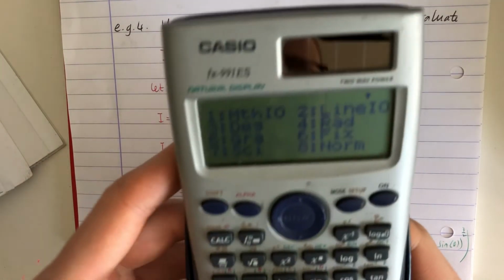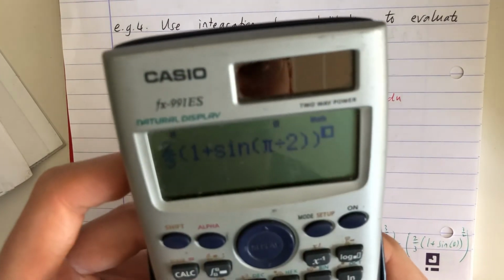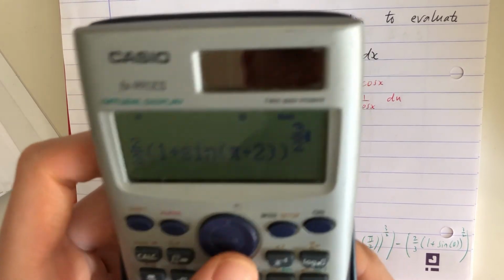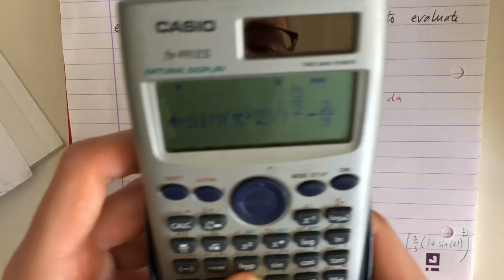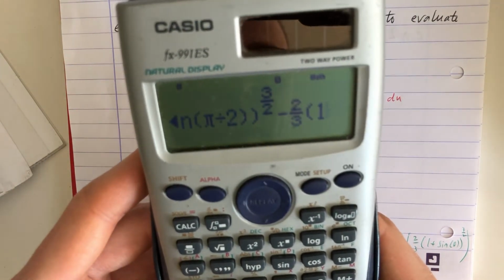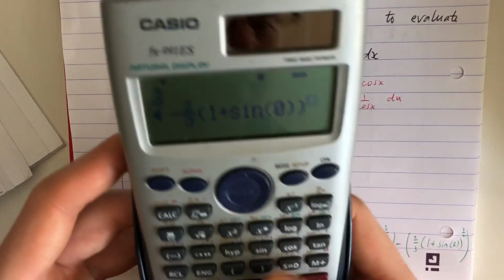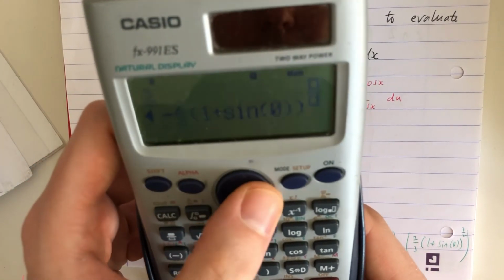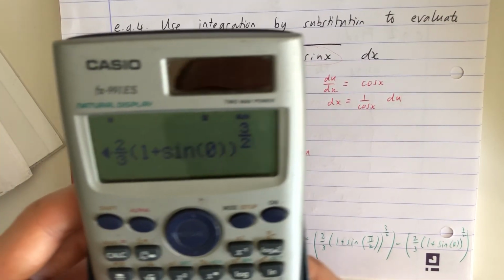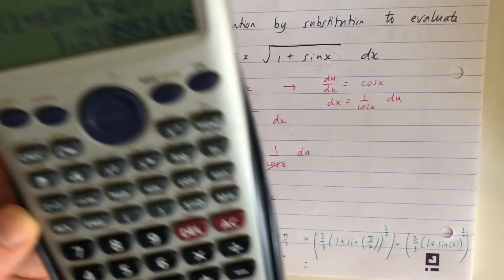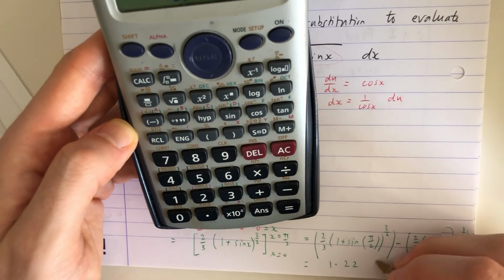I'm in degree mode, switch to radians. To the power of 3 over 2. Subtract 2/3 brackets 1 plus sine 0 to the power of 3 over 2. And then that should be it. So I get 1.22 to 3SF.